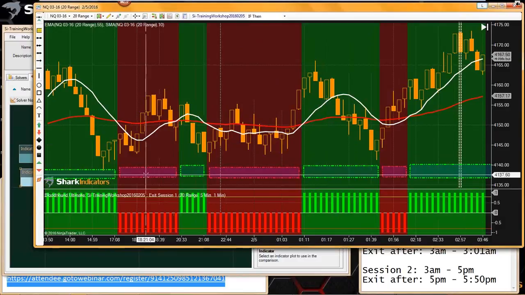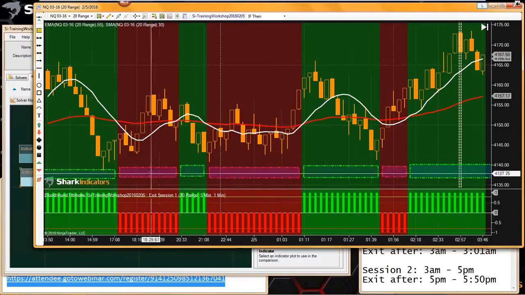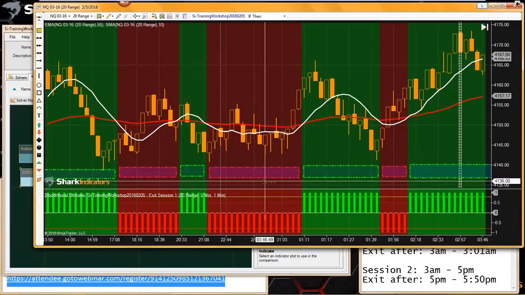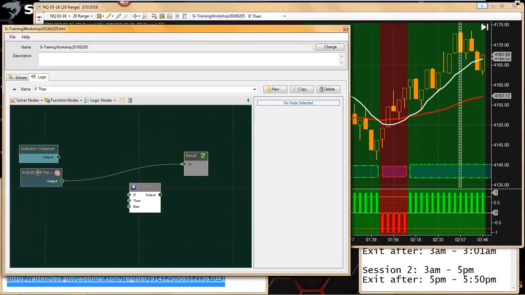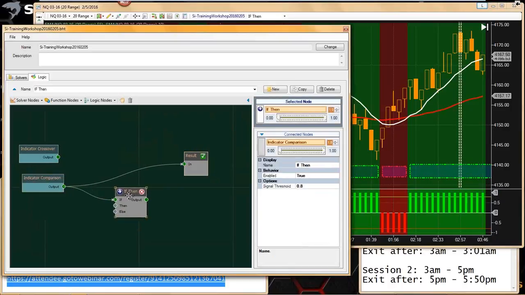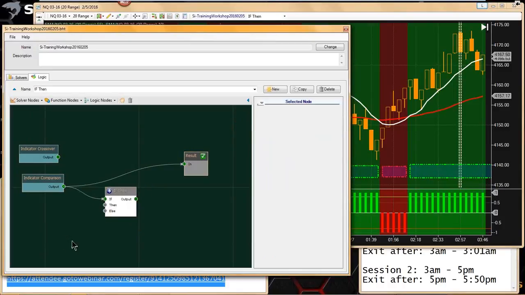So what I've got on the chart so far are the signals that are going into the if-then node. Here's my solver. I just created some dummy signals to control the if-then node.